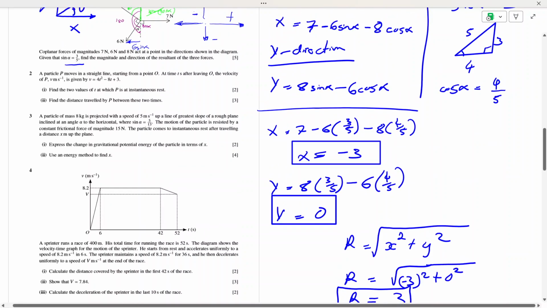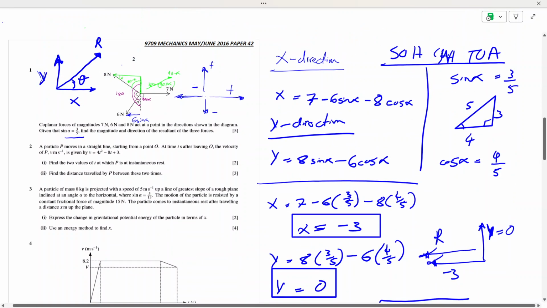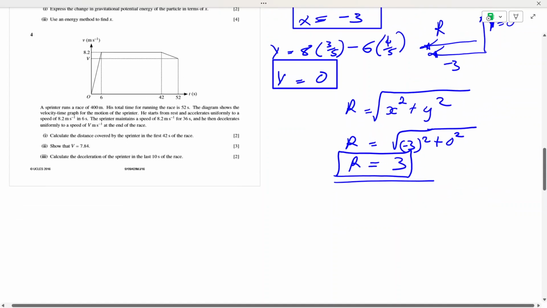Remember, the direction that I said, it's a negative 3. It's in the negative direction because the x is a negative 3 and the y is a positive 0, right? So our r would be in that direction too. It's negative, remember, because we designated the direction to the left as a negative. That's how we know it's the left.